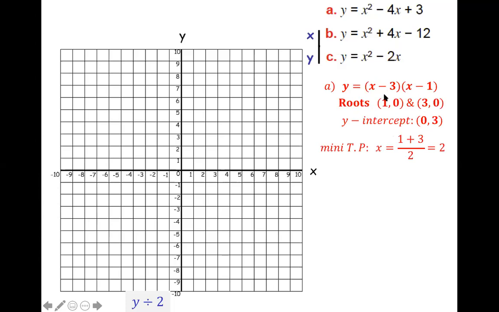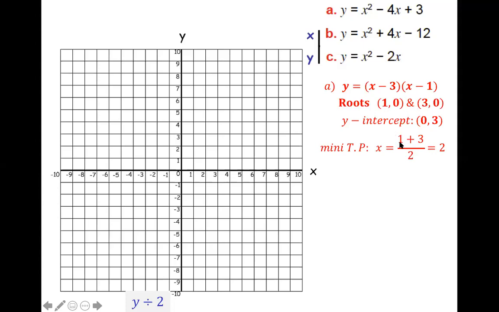And the turning point: to find my turning point, because I don't have the quadratic in completed square form here, what you do is you use your roots. You add both roots, 1 and 3 in our case, and you divide them by 2.